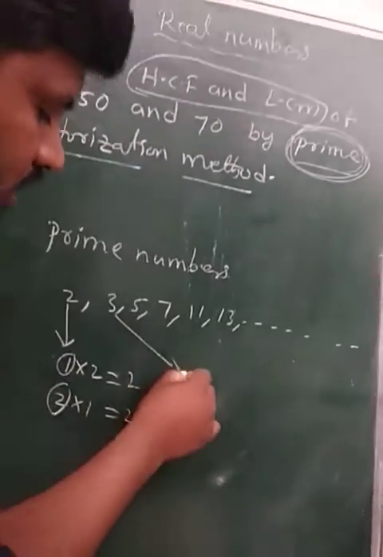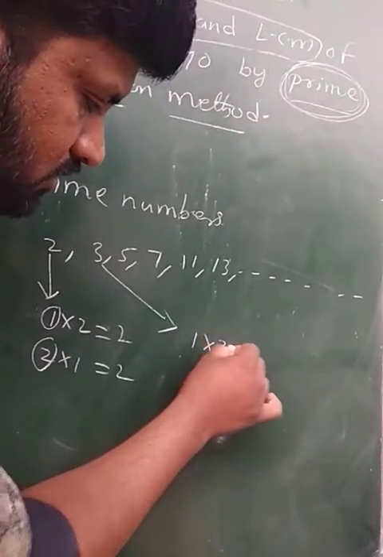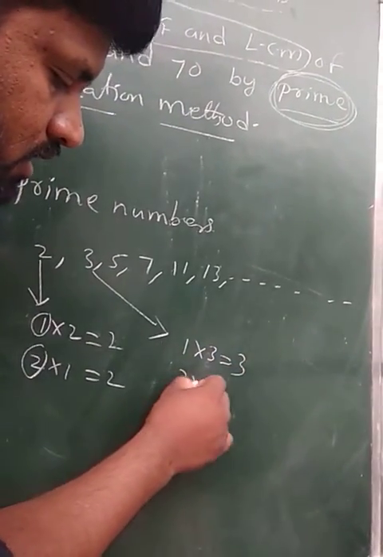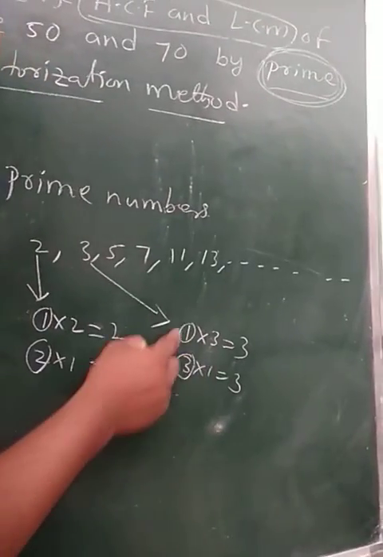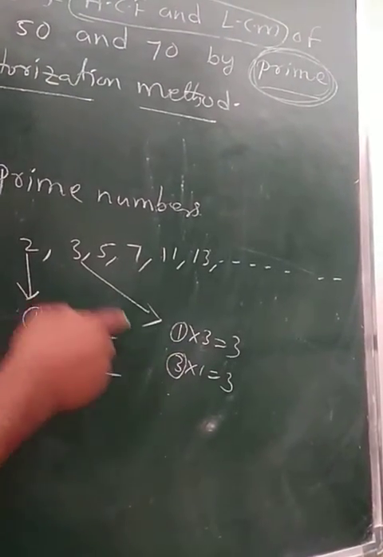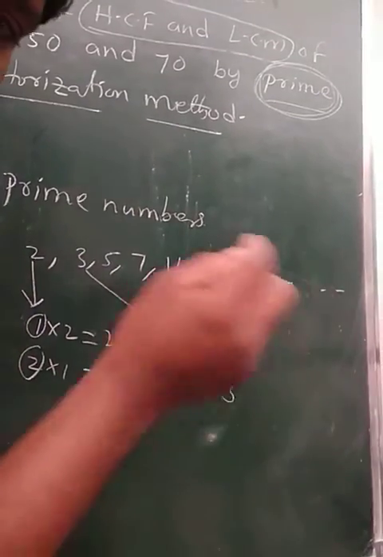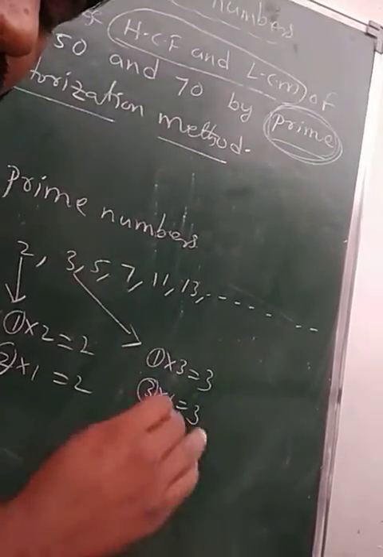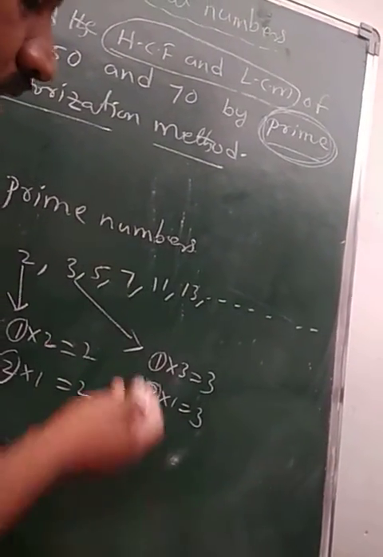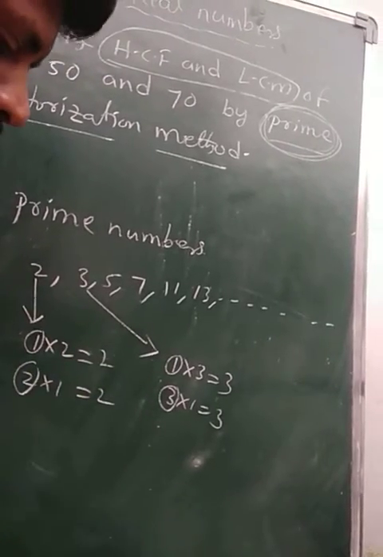And like that, see 3. 1 threes are 3 and 3 ones are 3. Only two factors. That's why 3 is a prime. 5 also, 1 five is 5, 5 ones are 5. 7 also, 1 seven is 7, 7 ones are 7.